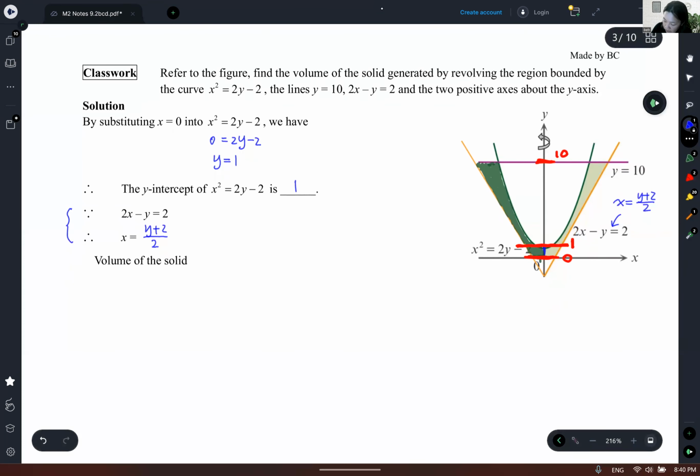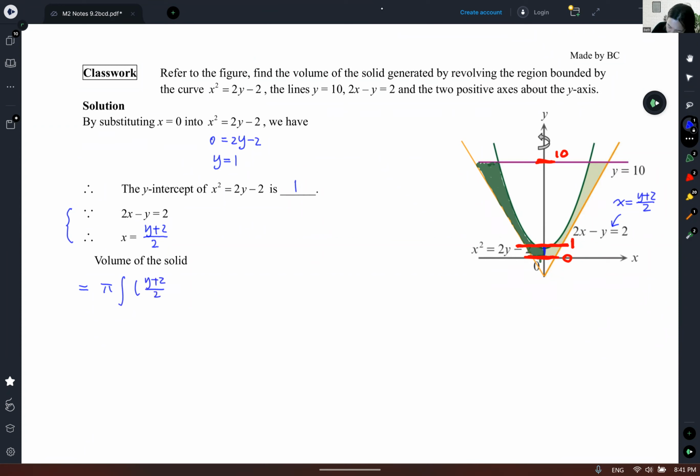And then the volume of solid, the bottom is pi x squared dy from 0 to 1.